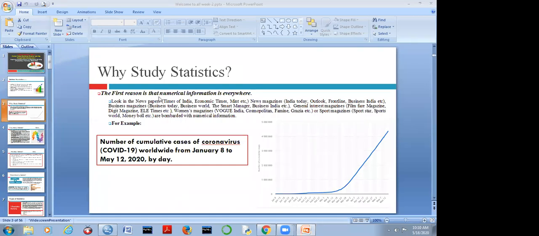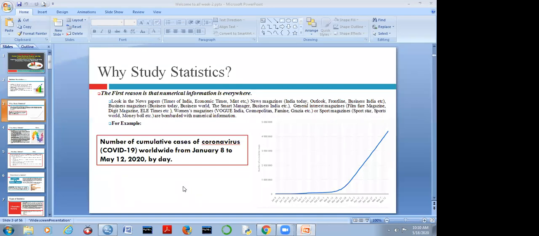The first reason is that numerical information is everywhere. Everywhere you deal with numerical information. For example, when you go to the market and buy milk, you deal with liters. You tell the milk seller, please give me 1 liter of milk. You say 1 kg, half kg of milk.